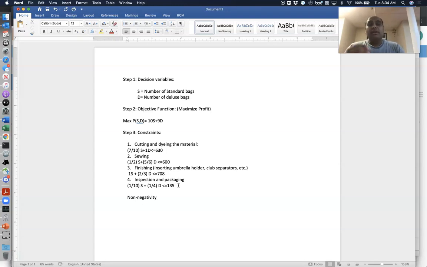We will see integer programming problems later in the semester, where solutions don't automatically turn out to be integers. For this example, solutions will turn out to be integers because of the way the numbers are arranged. But in many real-life problems, they don't, in which case you have to impose that condition separately. In this case, we are not going to impose it.